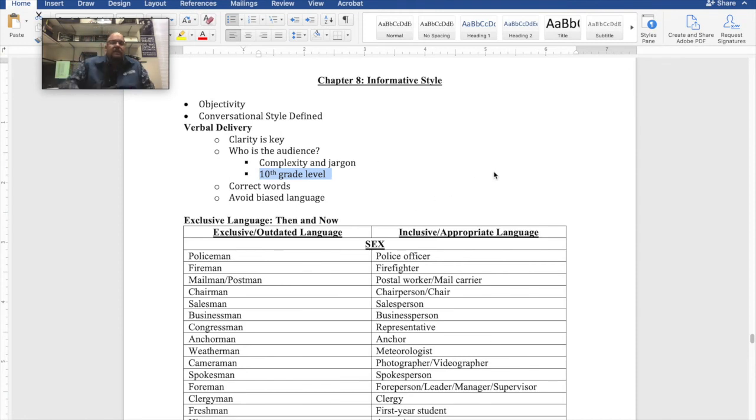But for now, let's talk about the basics of informative speaking or an informative style. So this is from your course handout. And as you see at the top there, it just starts with objectivity. What that means to most people is that you're not taking a favorable or unfavorable position, a left or right, up or down position on any topic. You're just presenting it as it is.